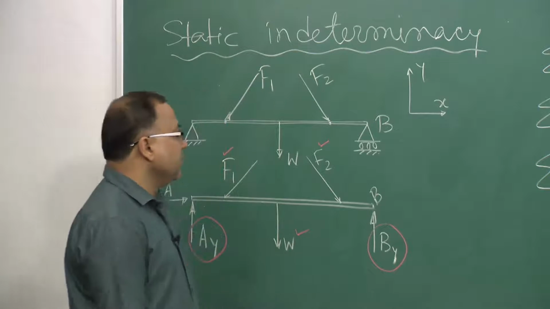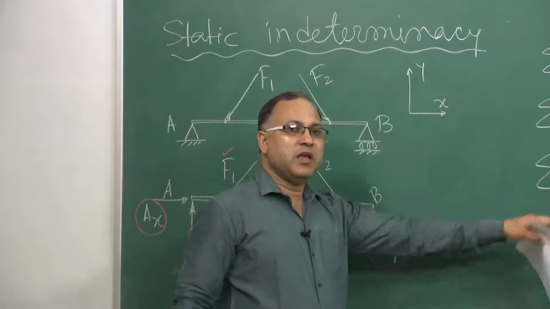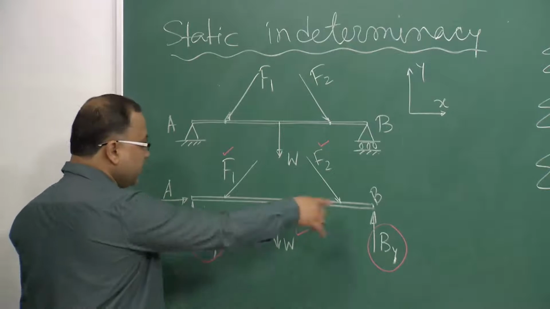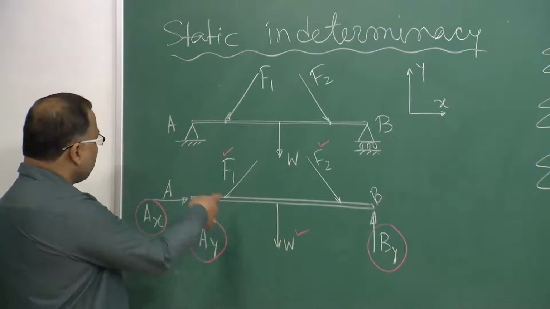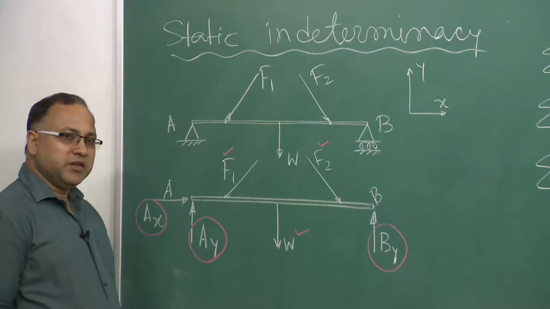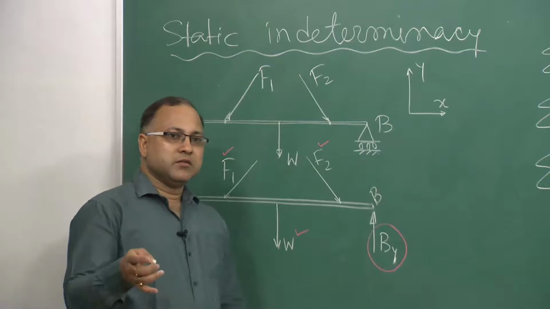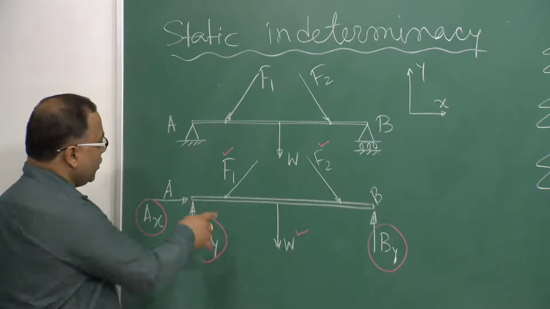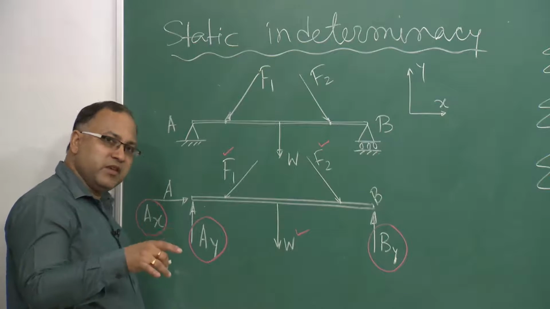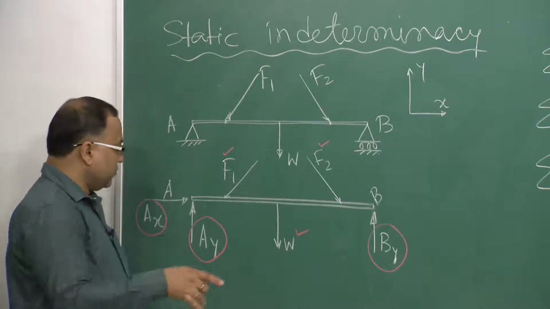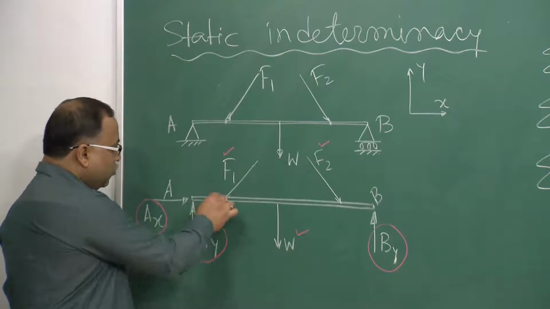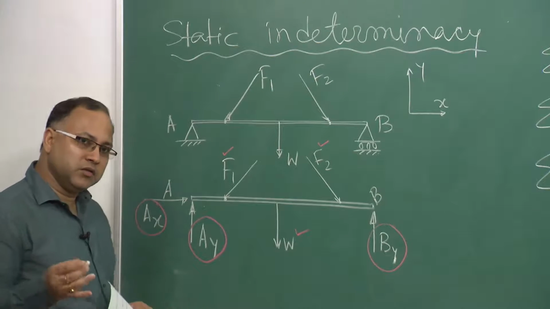And similarly, if you consider summation of Mz equal to 0 at any point in the beam, suppose you consider point A, that means you are considering moments with respect to the z axis at point A. F1 will give some moment, because if you know the point of application you know the distance, and from there you can find the moment.